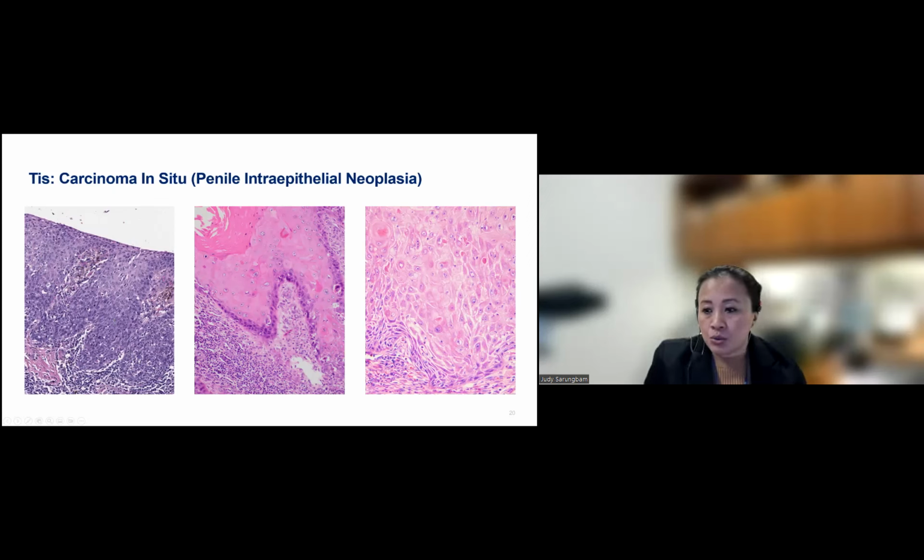And these other two are non-HPV-associated penile intraepithelial neoplasia, now also called differentiated penile intraepithelial neoplasia. Their atypia is just limited to the surface mucosa, and there is no invasion into the lamina propria, and they are most of the time flat lesions.